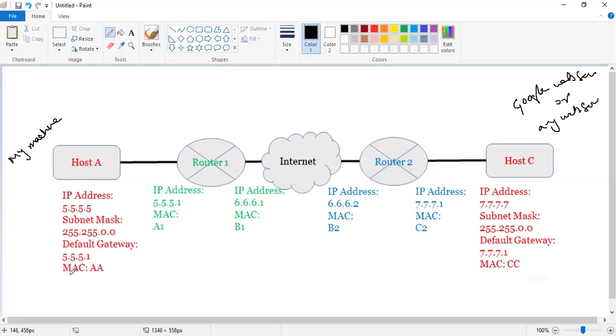This is MAC address AAA for A, and the router has MAC address A1. This is the exit port of A and the entry port of the router, and this is the exit port, which has 6661, and it goes to the internet.